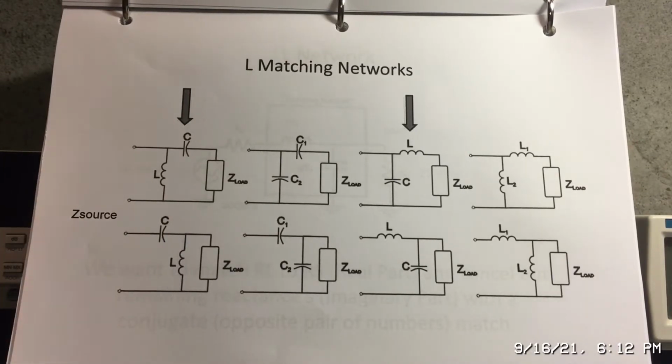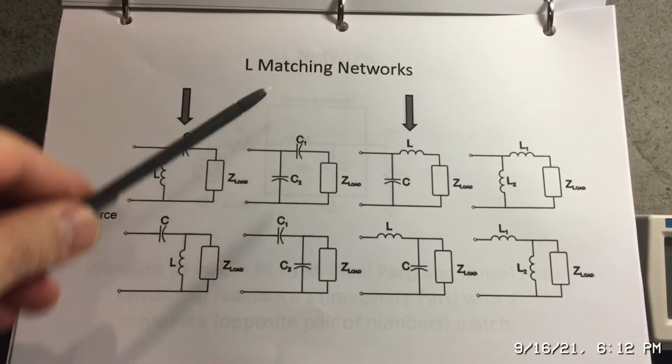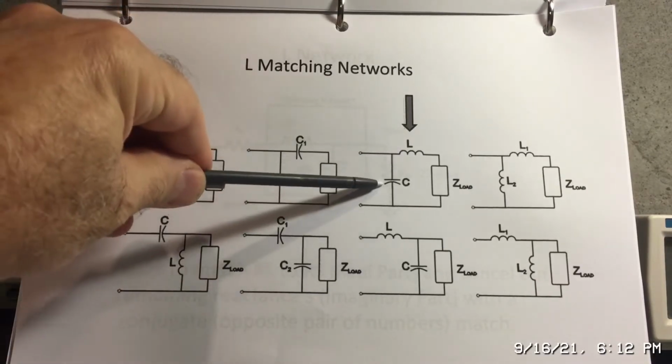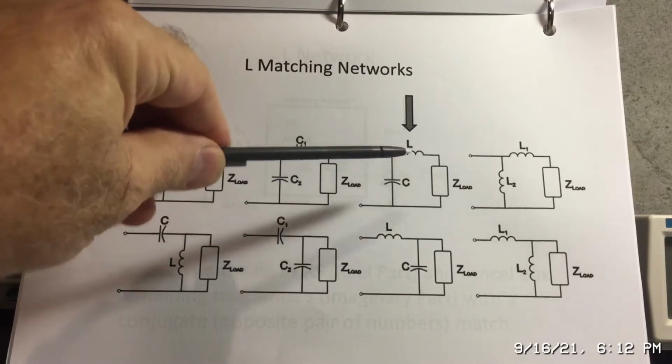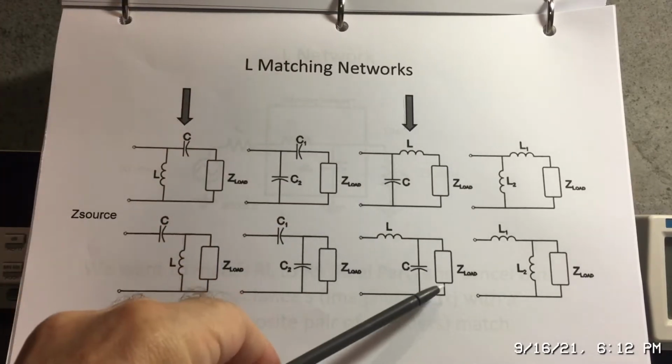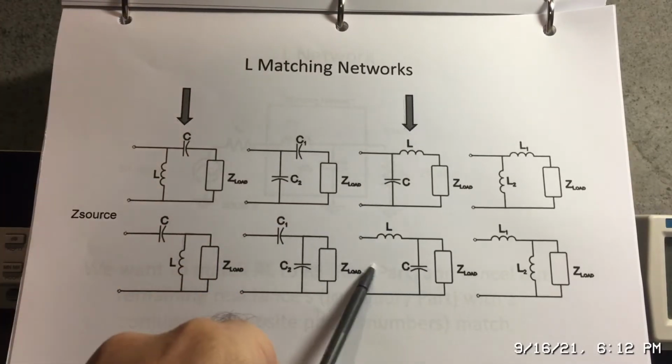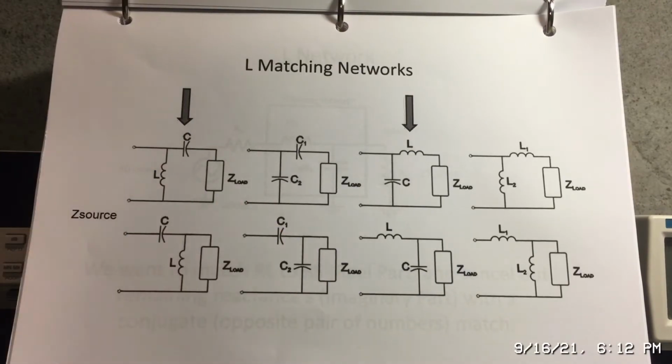Another common type is when we have a series inductor and a shunt capacitor. The same thing, the shunt capacitor could be on the source side or on the load side. Then there are other variations using combinations of different capacitor and inductor values.